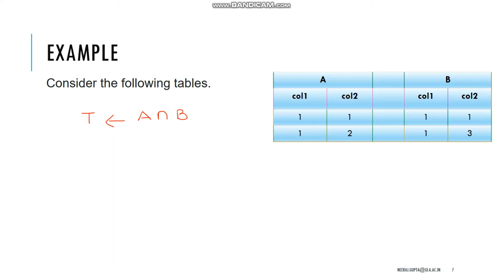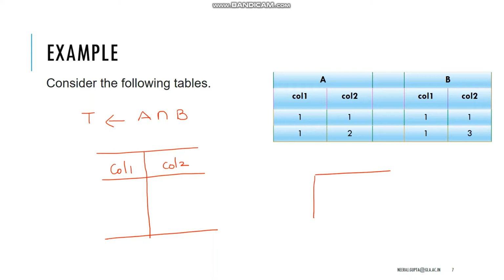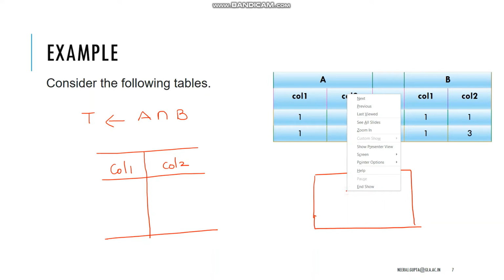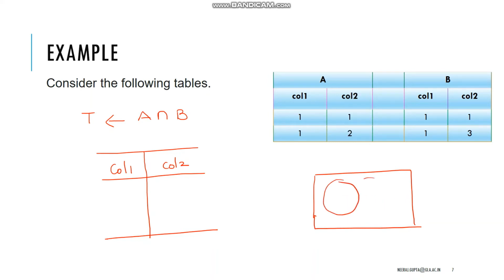The result is what is common in A and B. As you see with the help of the Venn diagram, suppose this is R, this is S. The intersection portion is the common portion, so that is R intersection S. What are the rows which are common to both A and B? 1 1 and 1 1.